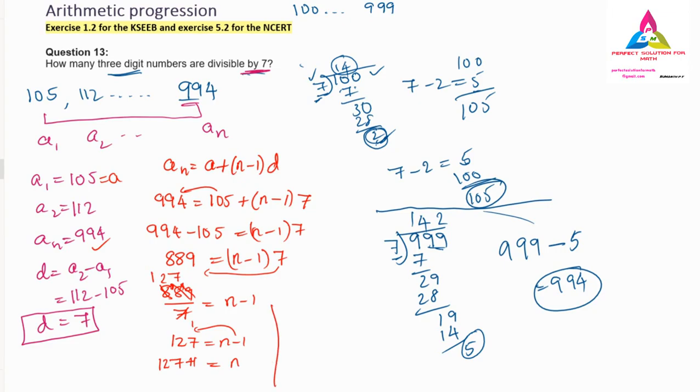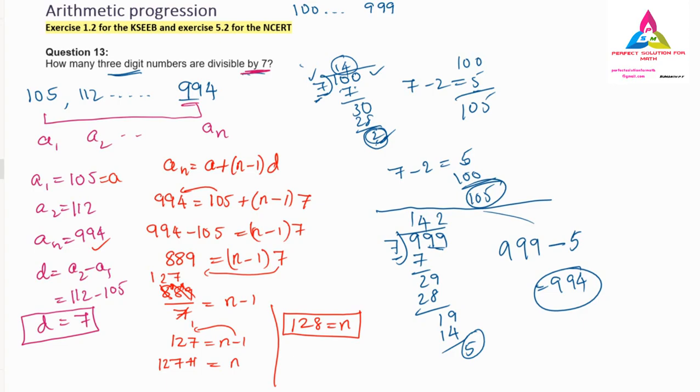So 127 plus 1 is 128, which is equal to your n value. This n value is the number of terms between 105 and 994. That means there are 128 terms which are 3-digit numbers divisible by 7.